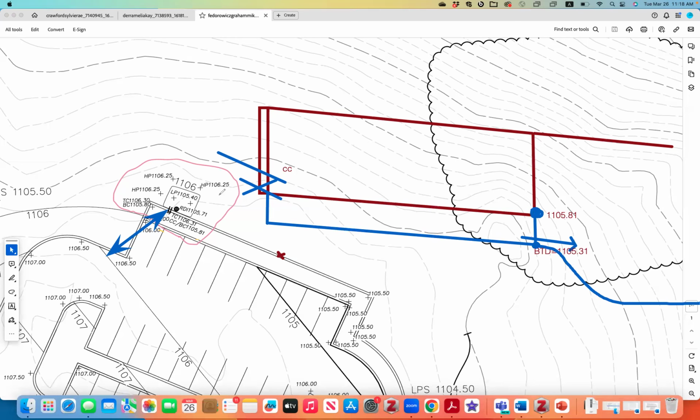You have it at 6.25, which is perfectly fine. Yes, and if you have an HP above 6, you do have a 1106 contour there. So that's how you modify some of the numbers here. Otherwise, I can see that you understand the relationship between each elevation. Okay, good.